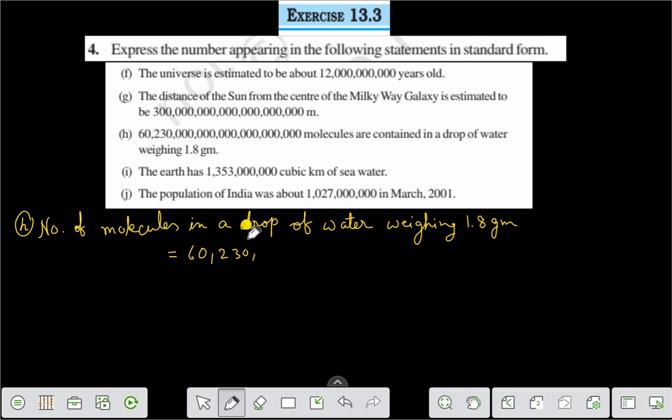6023. How many zeros are there? 1, 2, 3, 4, 5, 6, 7, 8, 9, 10, 11, 12, 13, 14, 15 and the unit is number of molecules, right?